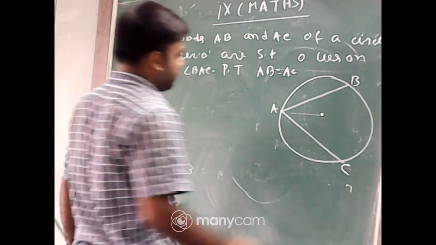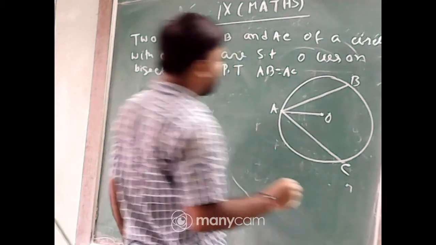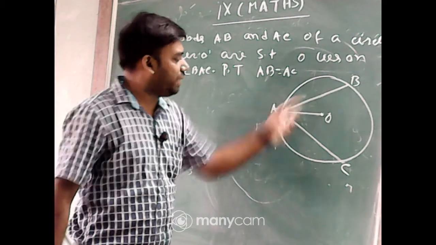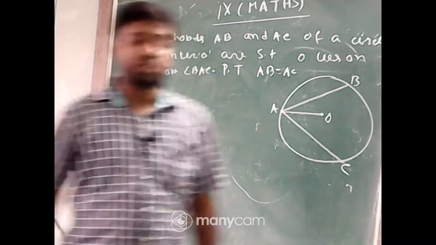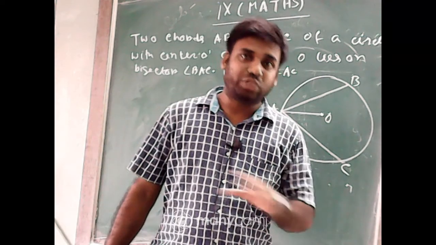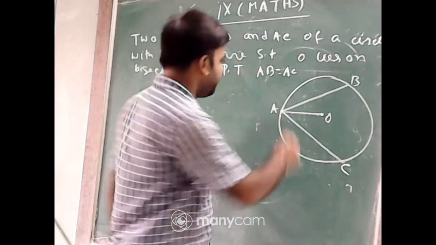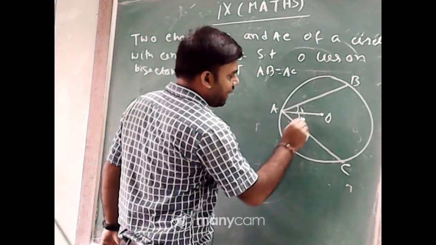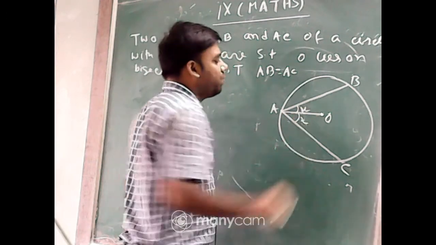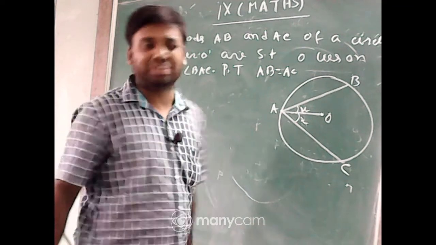Now it is also given that O lies on the bisector of angle BAC. First of all, what is bisector? Bisector means that line segment which divides the angle into two equal parts. It means if it is x, the other also be x. Got it? Now we have to prove that length of AB and length of AC are equal. It means AB equal to AC.